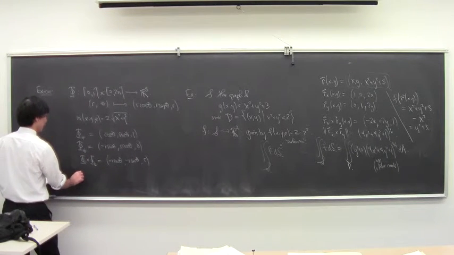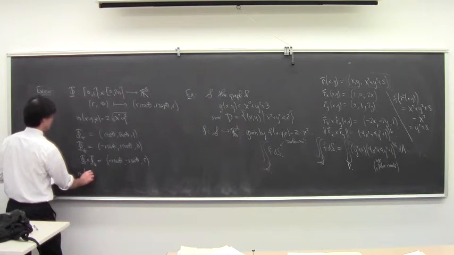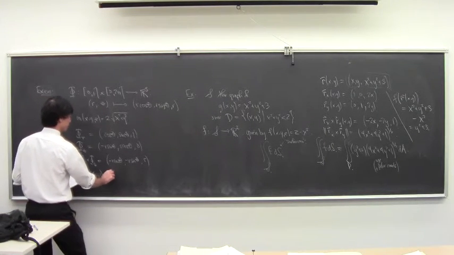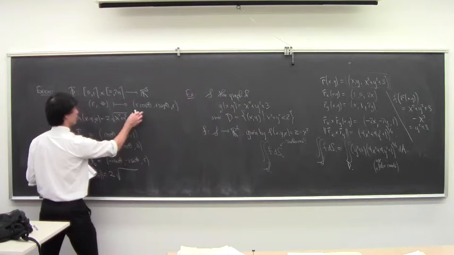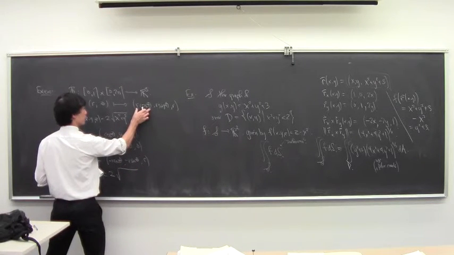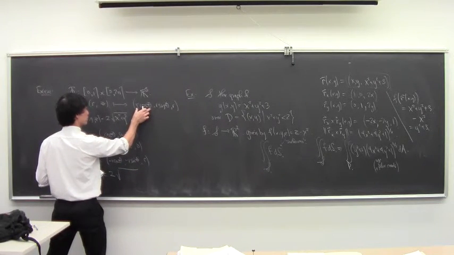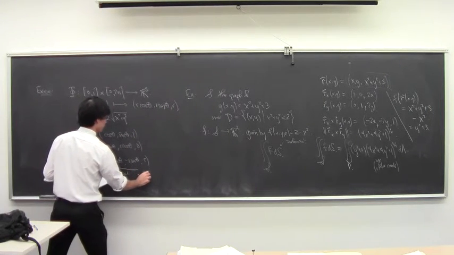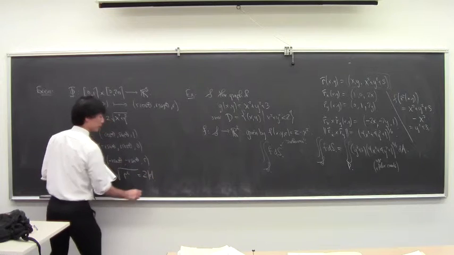And m evaluated at phi of r, theta is of course going to be 2 times the square root of r cosine theta squared plus r sine theta squared, so it's just going to be 2r.